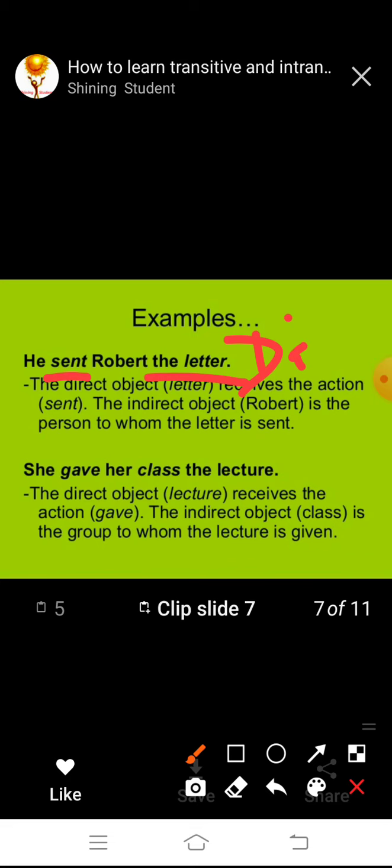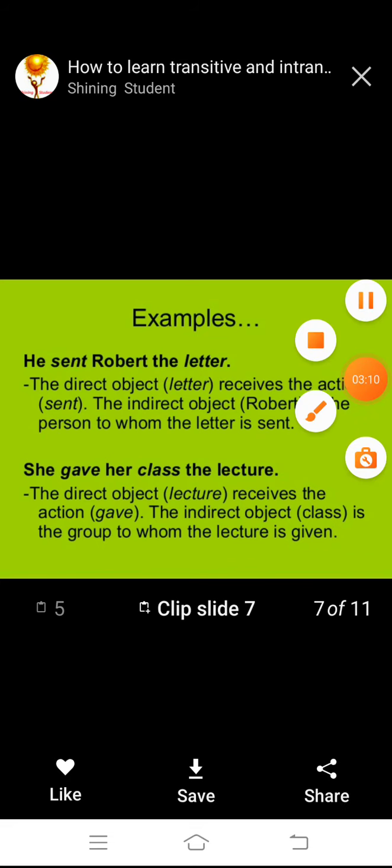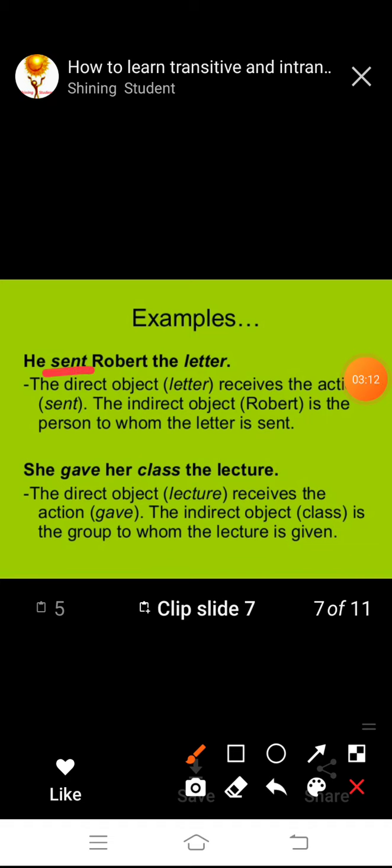And she sent whom? When we ask the question, she sent whom? The answer we get is Robert. So it's an indirect object. The whom answer is an indirect object and the what answer is a direct object.